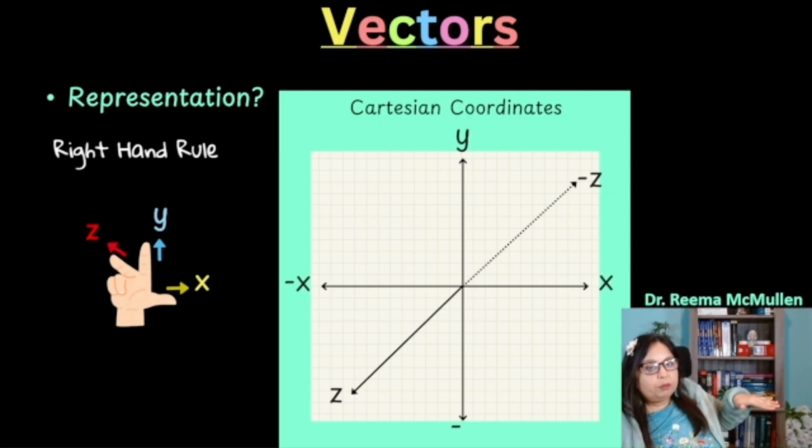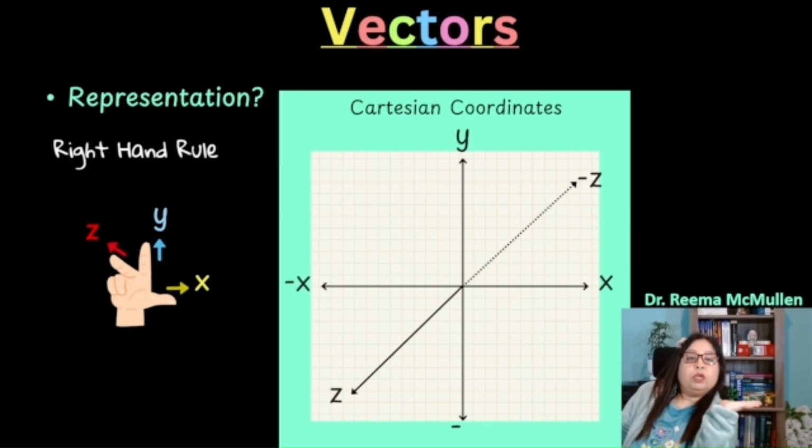Once I have established the direction of the x-axis, then I have to curl my fingers toward the y-axis. So that means my fingers have to go up. First I point them toward the x-axis, then I curl them toward the positive y-axis. Positive x-axis, positive y-axis. Which way does your thumb go? It's going to go out of the screen.